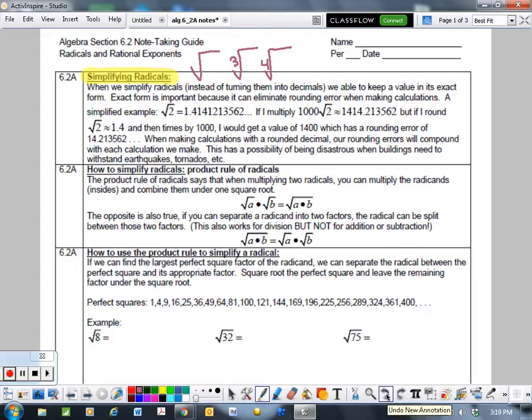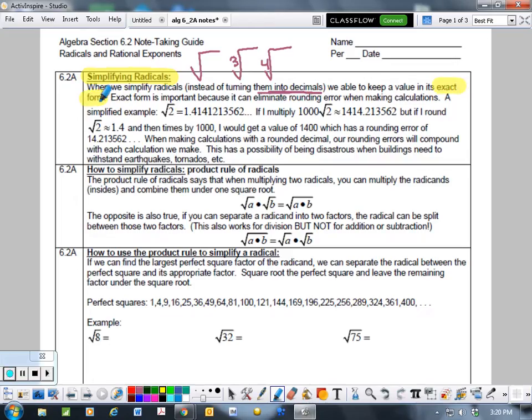Now, when we simplify radicals, we simplify them instead of turning them into decimals. We don't want to turn them into decimals, because we want to keep something in what we call its exact form. An exact form is really important because it can eliminate rounding errors that occur when you make calculations.